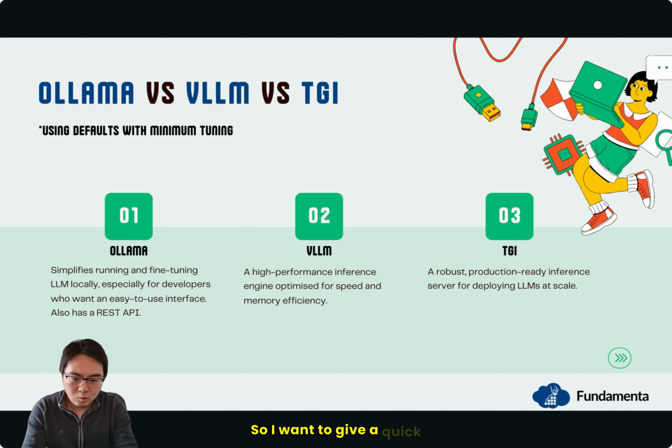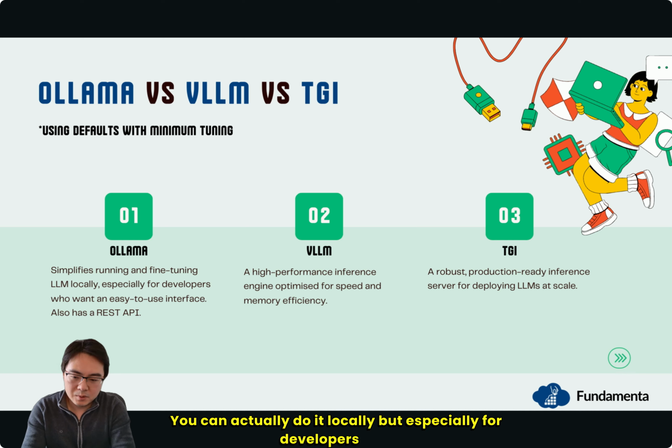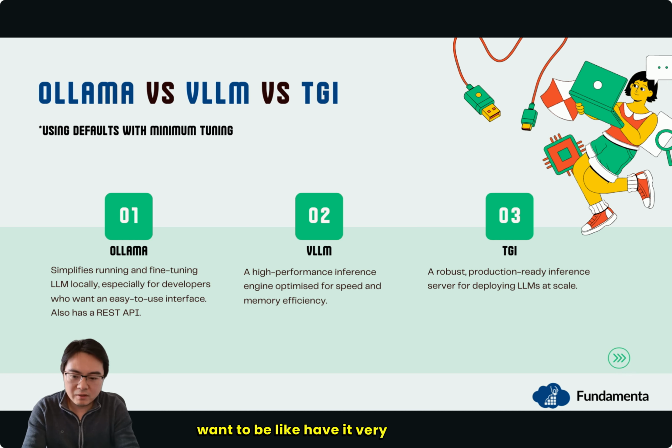I want to give a quick, one-sentence understanding, from my perspective, of the difference between the three, right? Ollama basically simplifies running and fine-tuning LLM models. You can do it locally, especially for developers who want something very easy to use. This is really good for local testing.